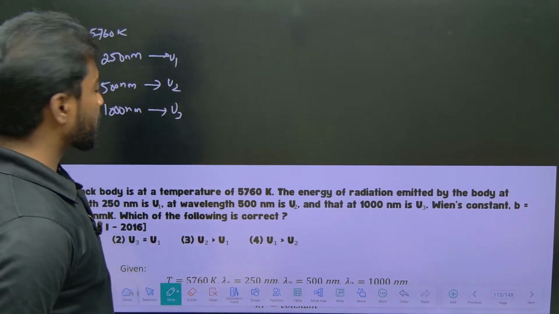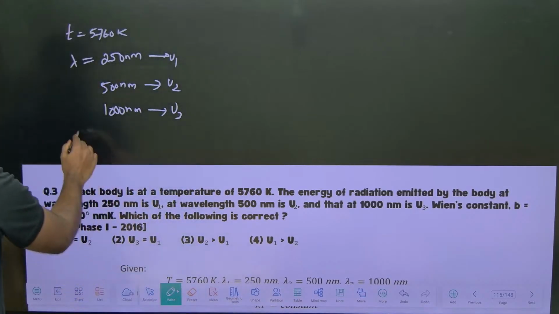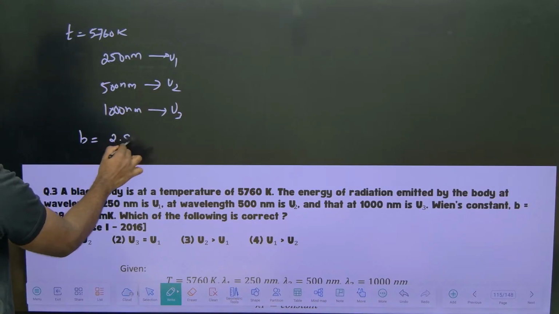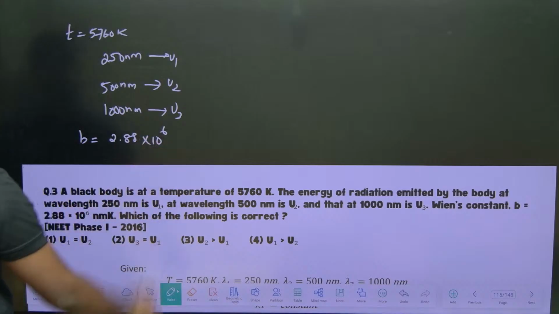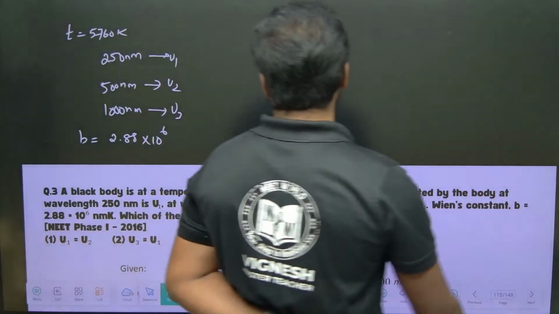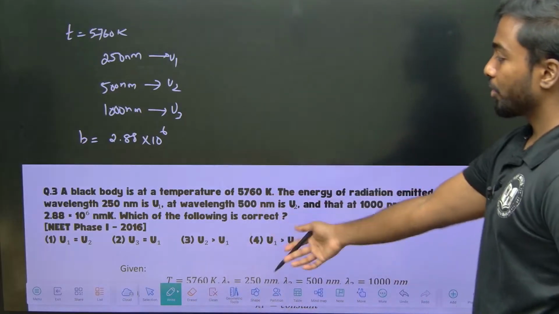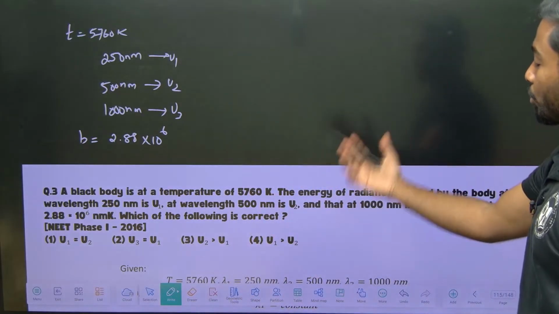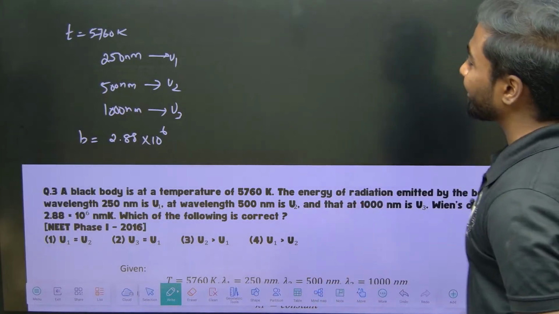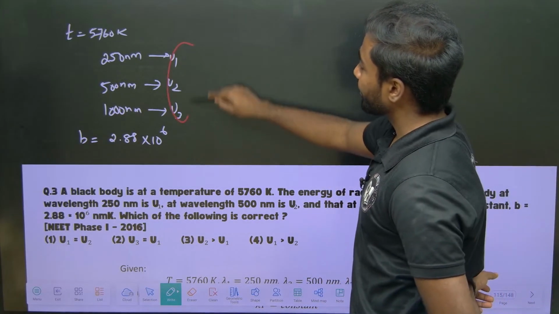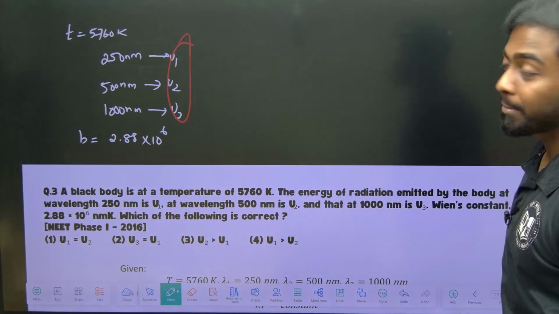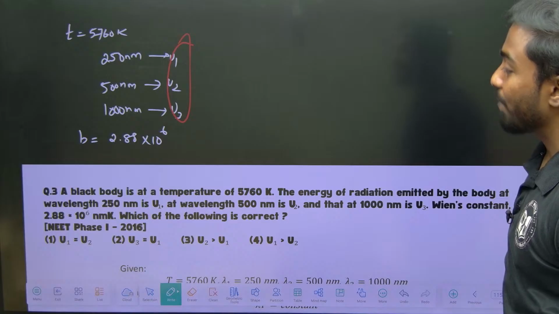Wien's constant b they have given, b equals 2.88 into 10 power 6. Which of the following is correct? The options are: U1 equals U2, U3 equals U1, U2 is greater than U1, U1 is greater than U2. So I need to find the relation. First of all, what is the relation between the temperature and the wavelength?